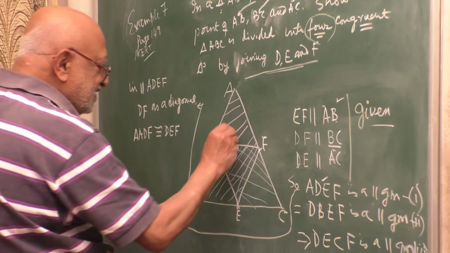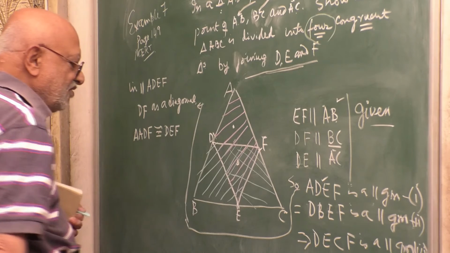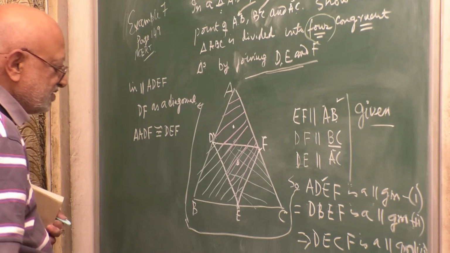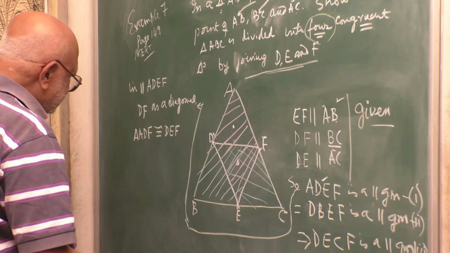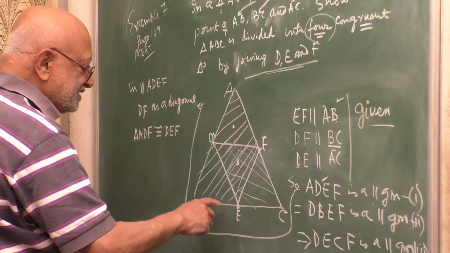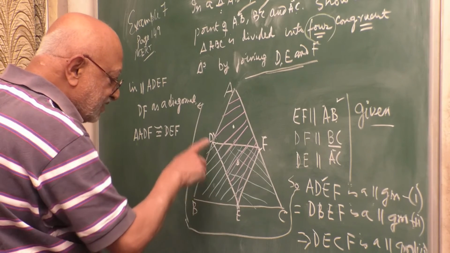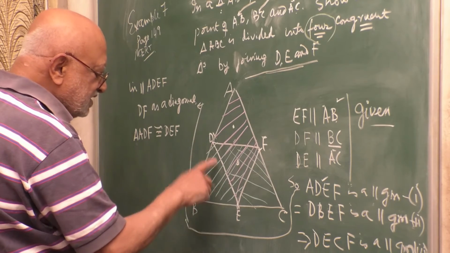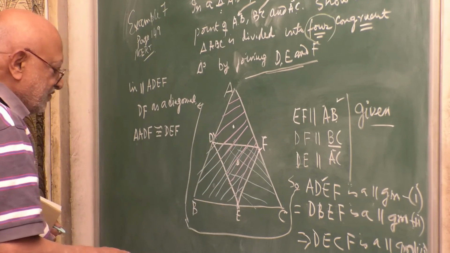So this triangle and this triangle now become congruent. Okay. Now again, it's confusing. I have taken this triangle. Then let us come to this triangle. See, you again have a diagonal. You choose those parallelograms which have a diagonal.